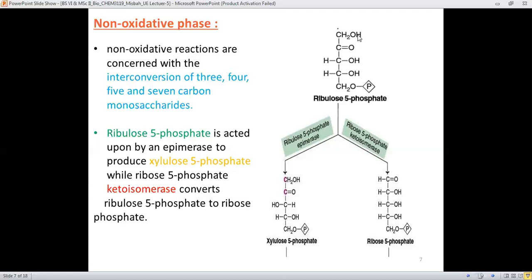It has been changed into aldehydic form like this, and this carbon has been shuffled to the hydroxyl form. Therefore, by the action of epimerase and ketoisomerase, there is formation of xylulose 5-phosphate and ribose 5-phosphate.